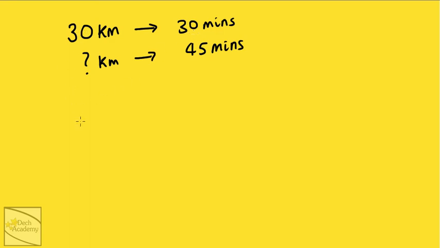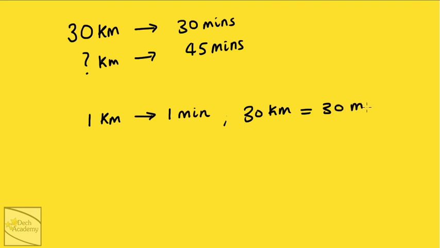So from the first scenario, you can work out that if you divide both sides by 30, you'll find that it means that the car covers 1 kilometer in 1 minute. Dividing both sides by 30. So if I write it as an equation, I'll say 30 kilometers is 30 minutes.